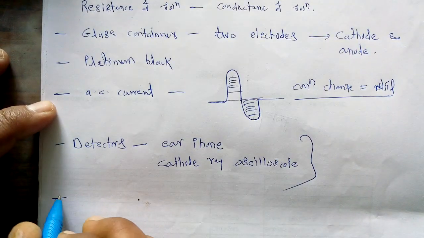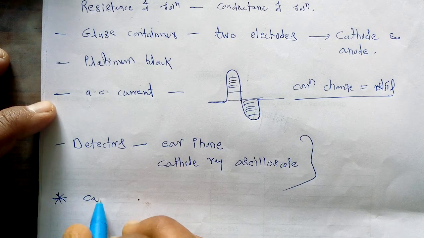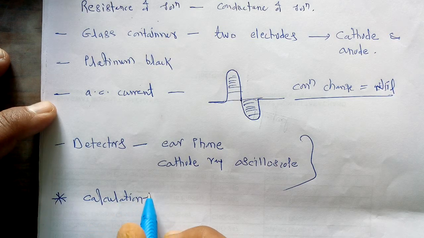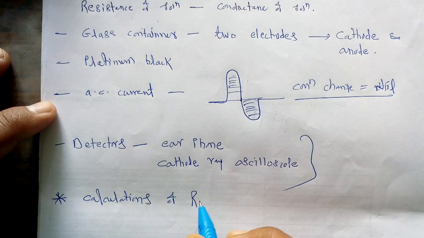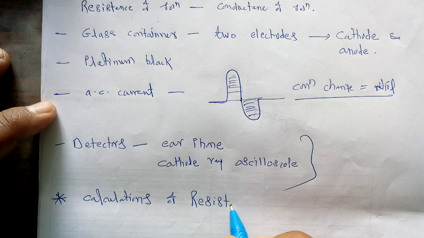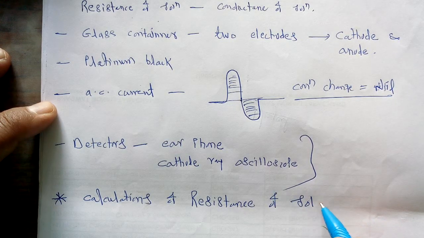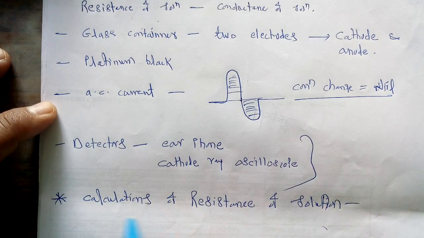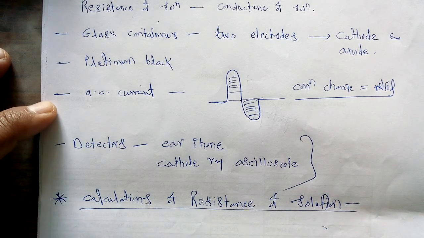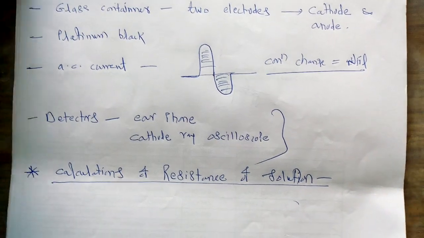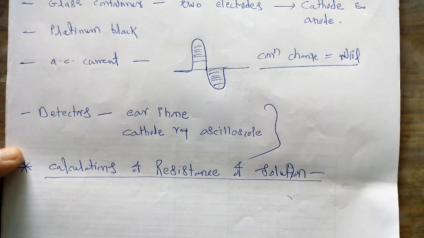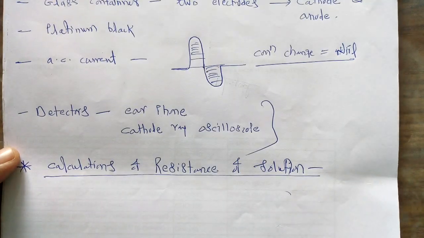We are interested in calculating the conductance of a solution, and for this we must know the resistance of the solution. After knowing the resistance, we may calculate the conductance.